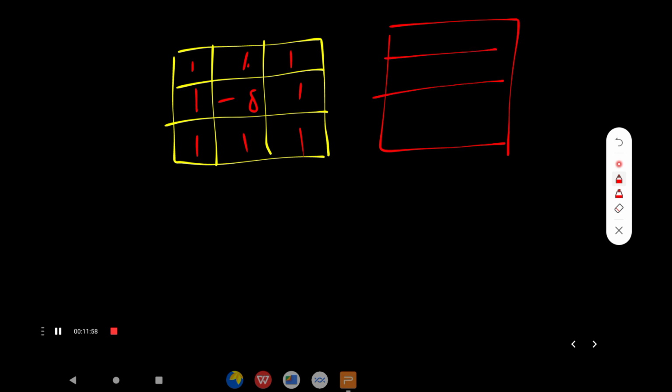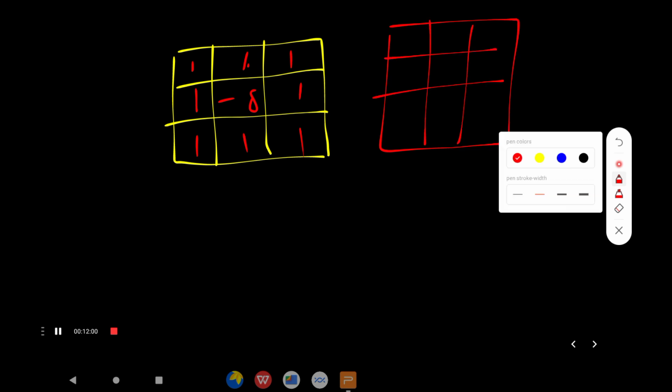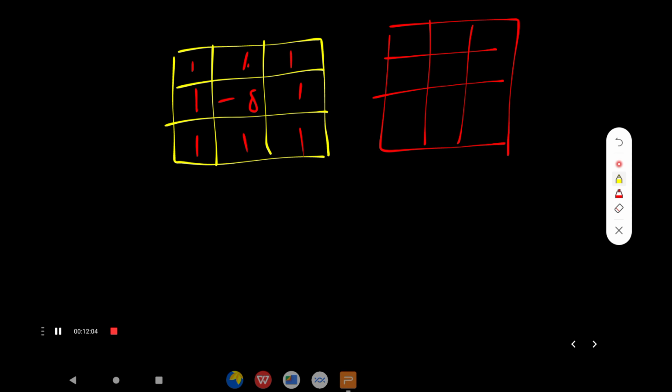If you are not taking the diagonal elements into consideration, you will get values of 1, 1, 1, 1, minus 4. Sorry, this value is 0. This value is 0. This value is 0.